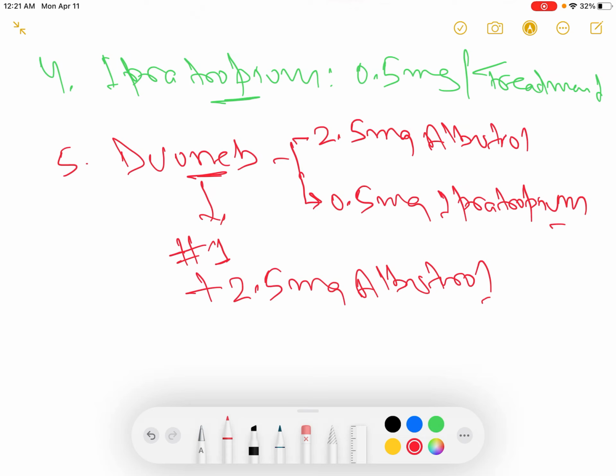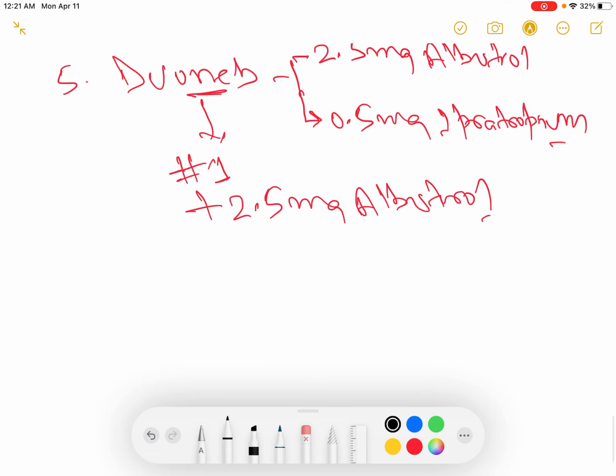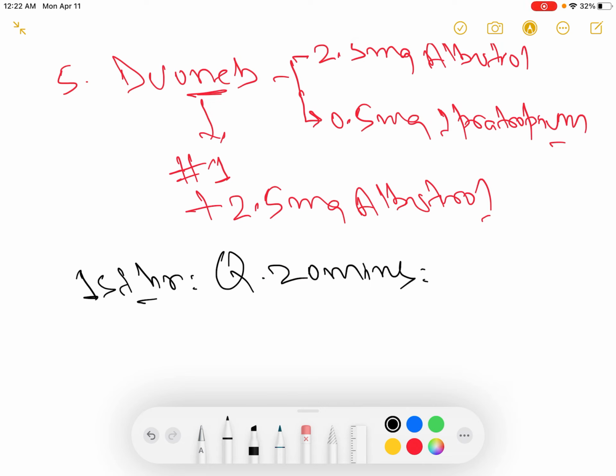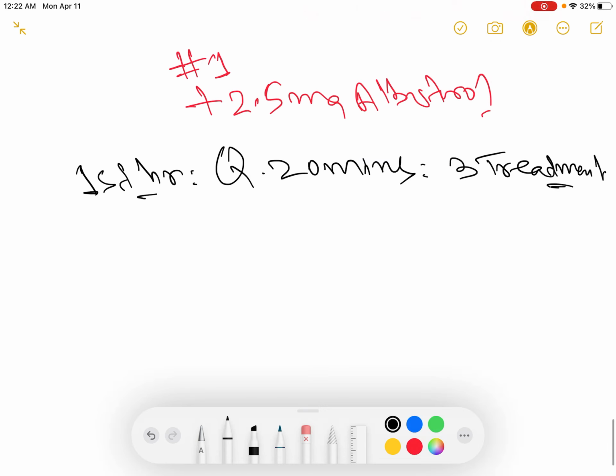Well, how often do you want to give the treatment? The rule is that within the first hour, you want to give them at least 3 treatments, so every 20 minutes. You give them 3 treatments in the first hour, then you reassess. Sometimes we do something called continuous treatment, for 1 hour.